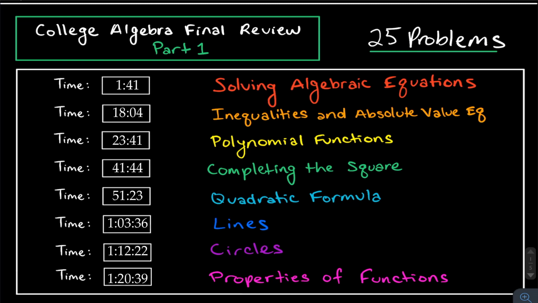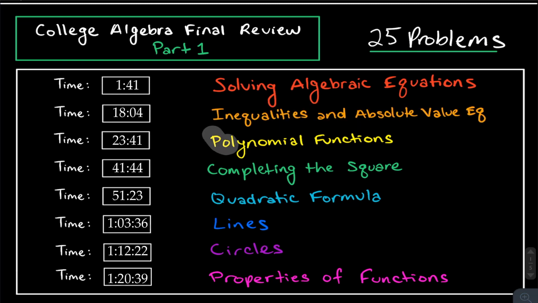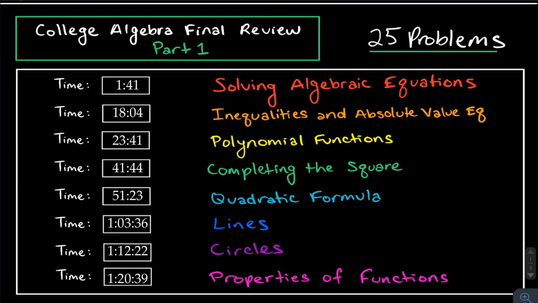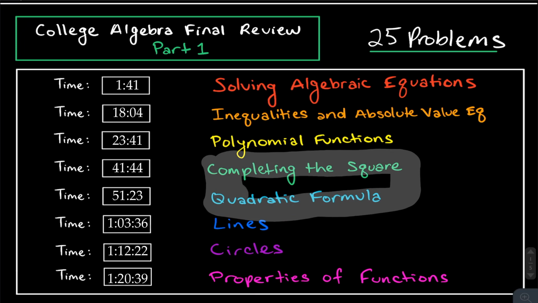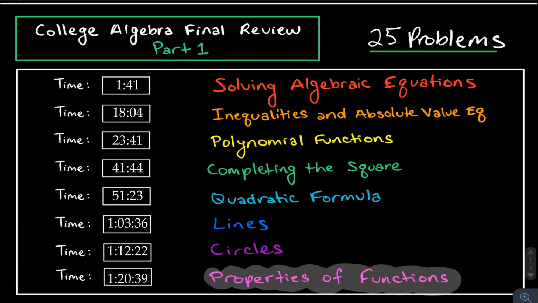We'll move on to inequalities and absolute value equations. We'll talk about polynomial functions, factoring, all that good stuff. We'll talk about completing the square and the quadratic formula. And then we'll move on to lines and circles. Then lastly, we'll talk about properties of functions. Got a lot of good problems there, definitely.